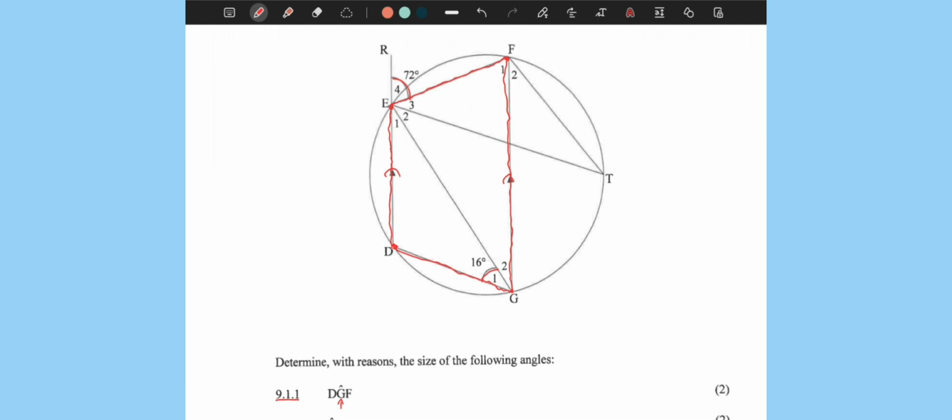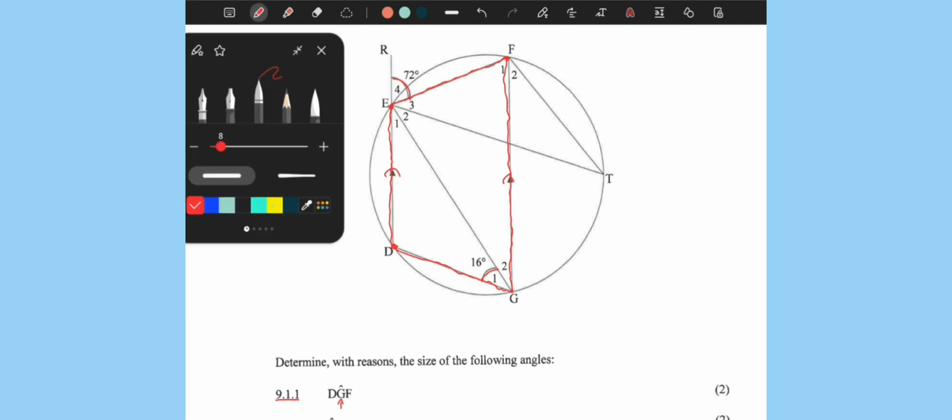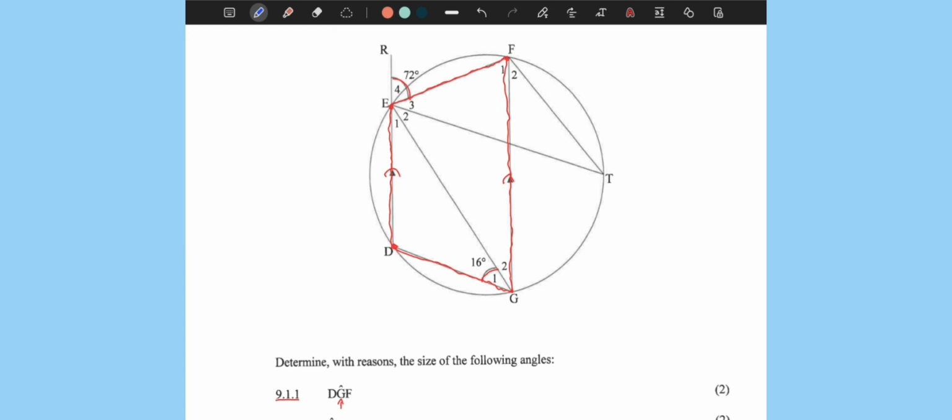DGF: this is my D, this is G, this is F. So here they want us to identify the whole of this angle, from D to G to F. It's DGF, which is the sum of G1 and G2 here.